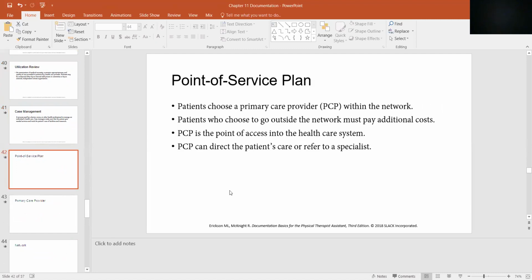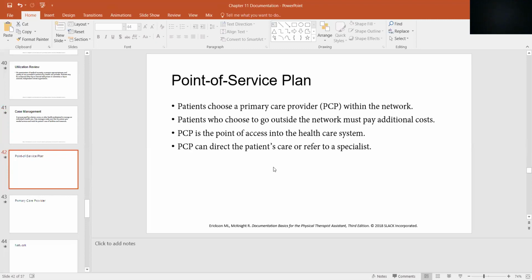Point of service plan. Patients choose a PCP within the network. That's going to be a doctor. Patients who choose to go outside the network must pay additional costs. The PCP is the point of access into the healthcare system. So for instance, with some plans, you can't just say, hey, I need to go to a neurosurgeon for something. You have to see your PCP first and then get referred to that neurosurgeon.